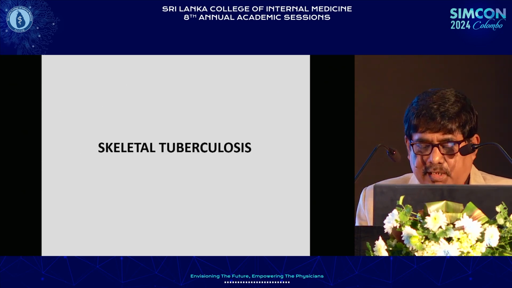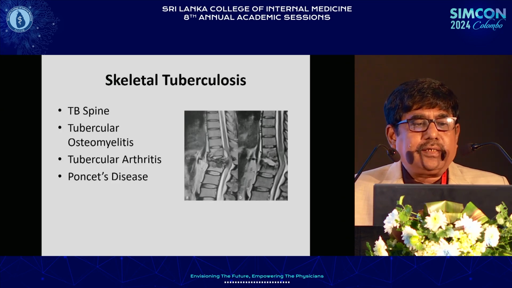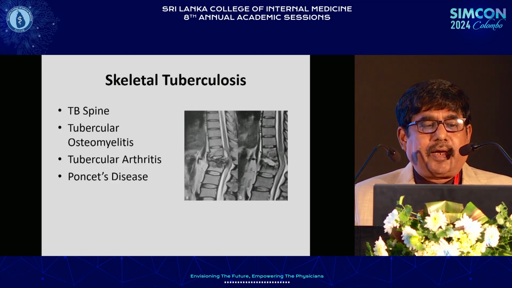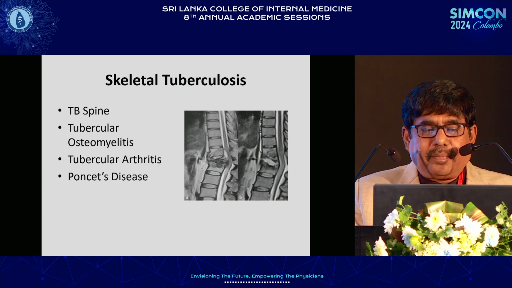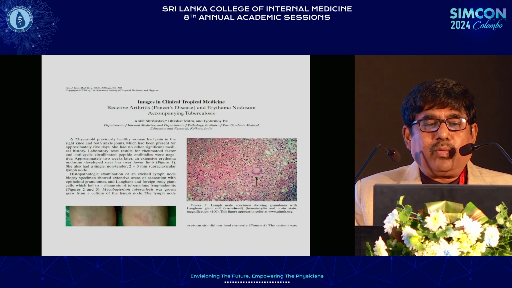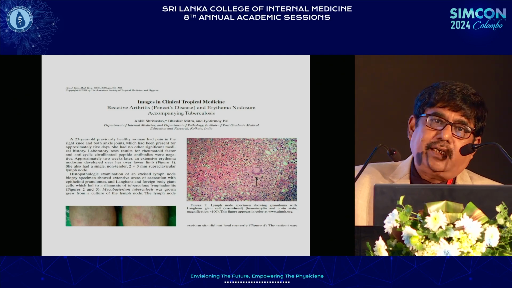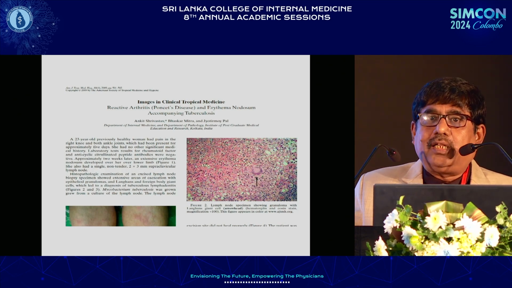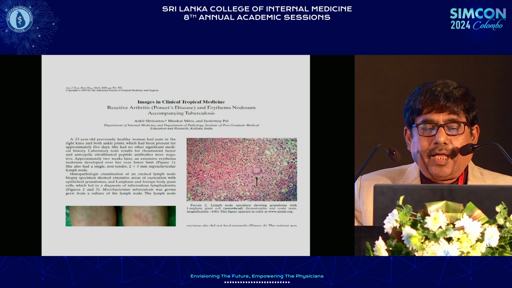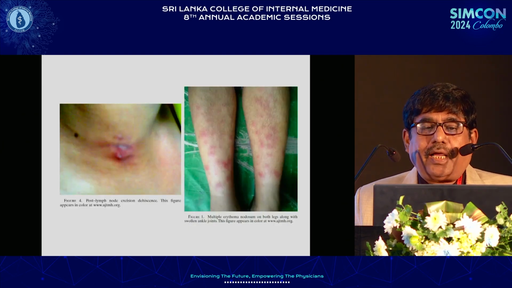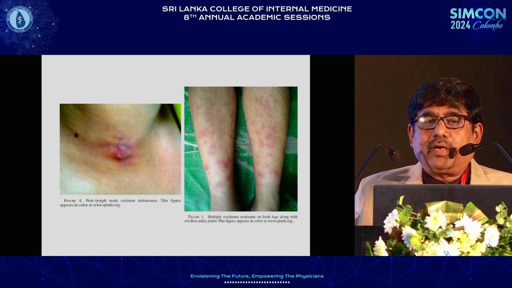Now we are coming to skeletal tuberculosis. In skeletal tuberculosis, just 2 minutes. Skeletal tuberculosis includes TB spine, tubercular osteomyelitis, tubercular arthritis, Poncet disease. These are very common presentations, and I want you to remember this interesting case, Poncet disease, because the patient often presents with fever and arthralgia, with joint pain of the ankle region, and gets erythema nodosum. But locally, you will not get any AFB.